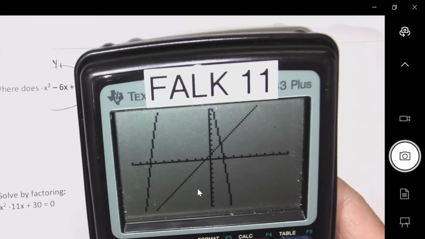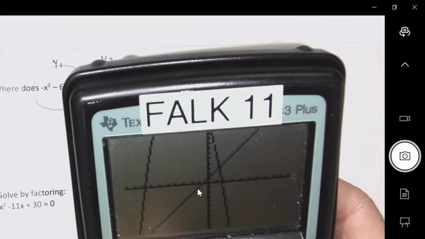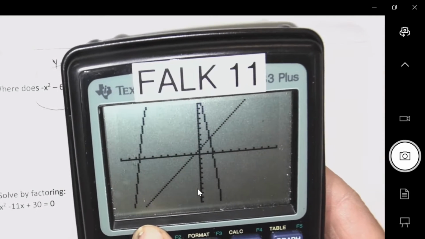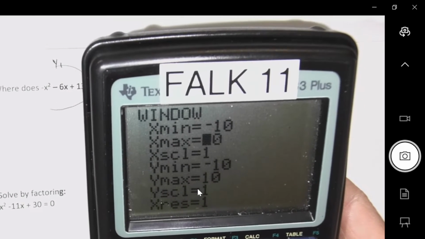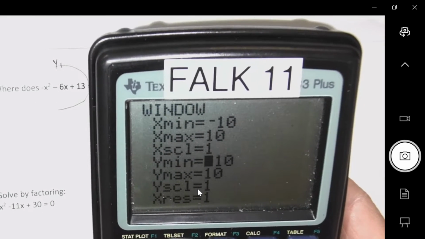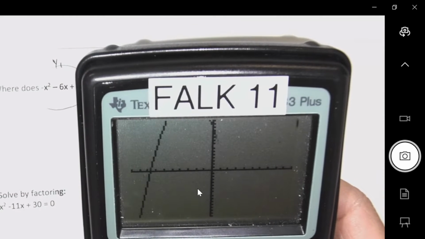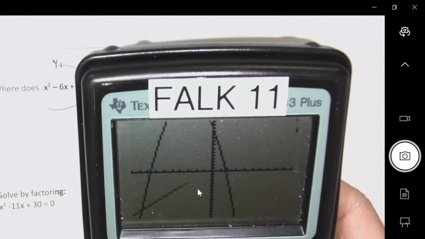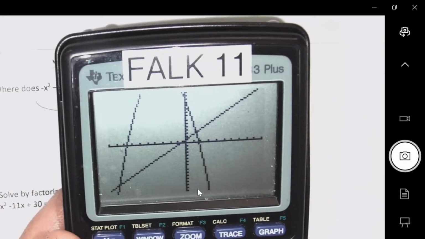Okay, so this is what mine looks like. I would like to see a little bit higher and a little bit lower because I want to see that intersection down there. So window, I'm going to go from -15 to 15 on my y just to see here. Okay, I think I have a good enough idea of a sketch here.